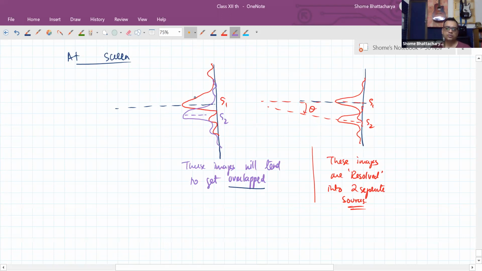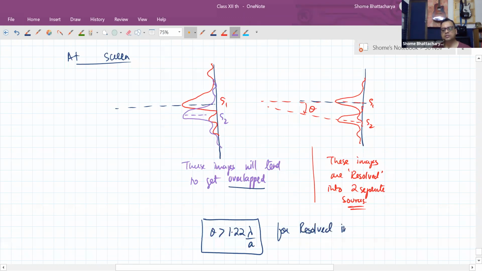S2's central bright disk should be outside of S1's first dark ring. So theta should be greater than 1.22 lambda by A for resolution, for resolved images, where A is the diameter of the lens's aperture.